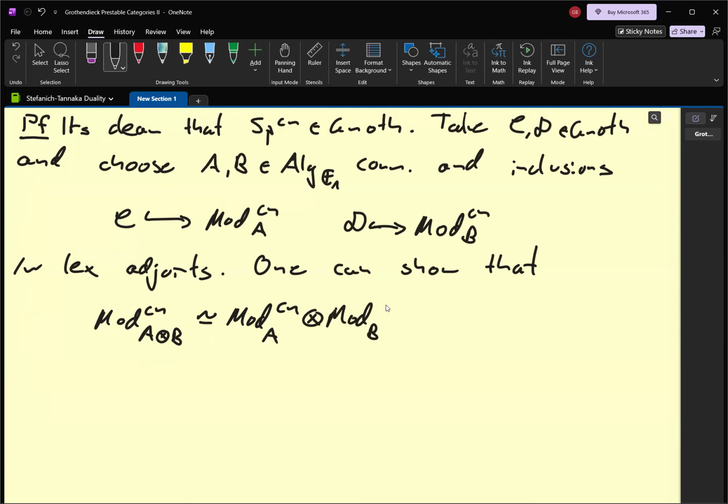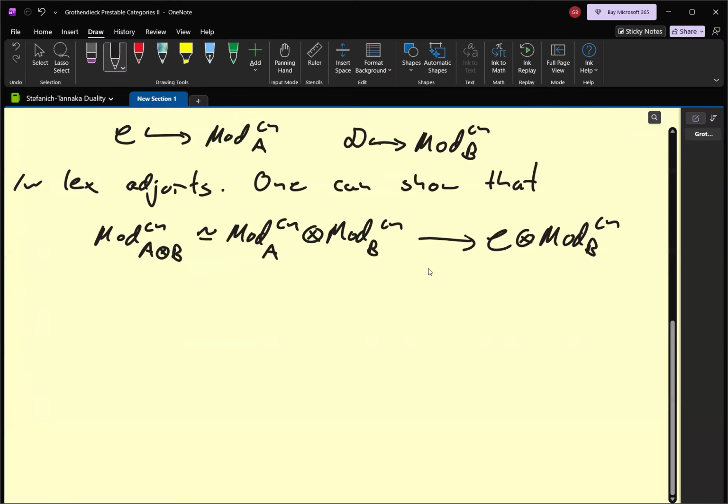It's just kind of true. But the point is now from here, we get a functor to C tensor Mod_B simply by taking the right adjoint of our inclusions and then tensoring it with C. The same thing we can do for D. So we have another map like this.